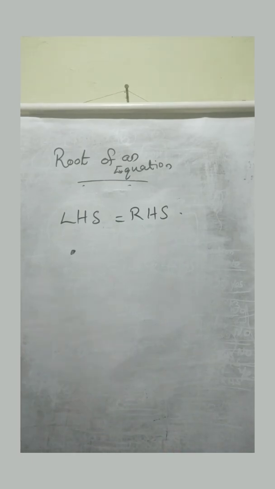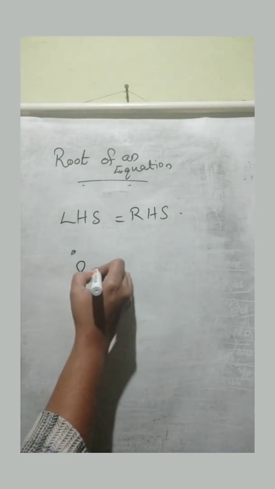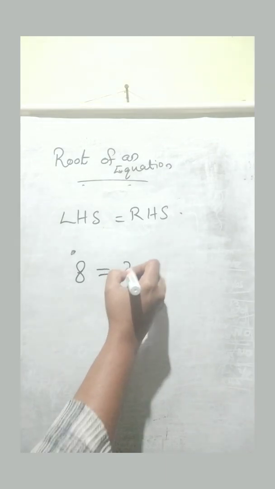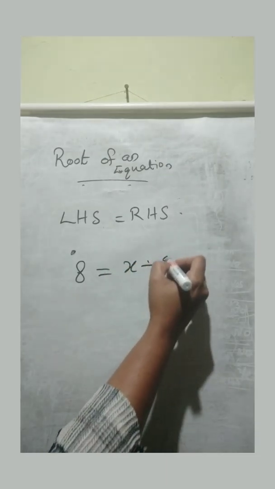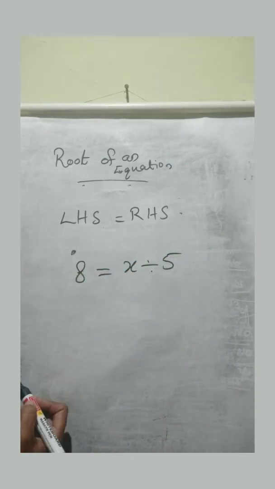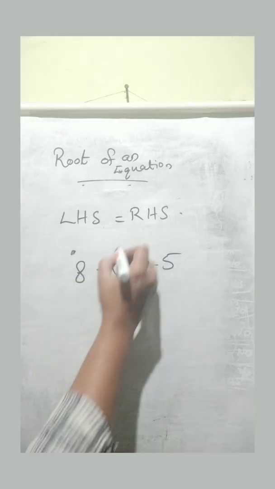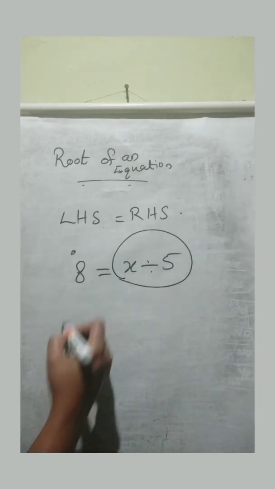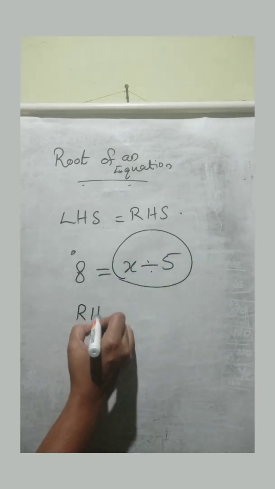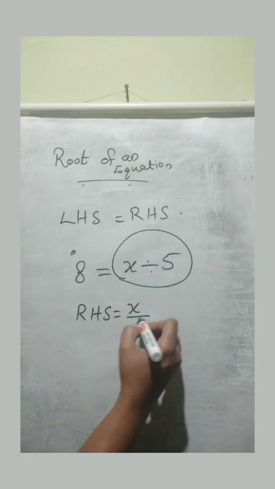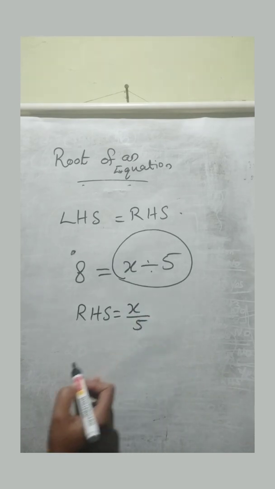Another question: 8 is equal to x divided by 5. Which number? How can we find out? Here we can solve this part, that is the RHS. So RHS is equal to x divided by 5. Here it is dividing by 5.